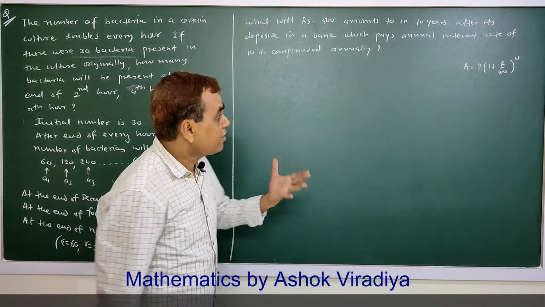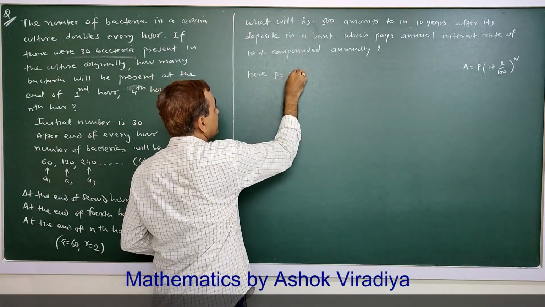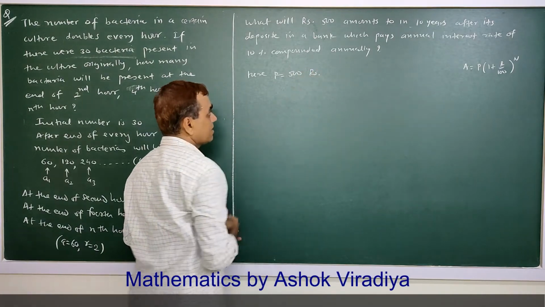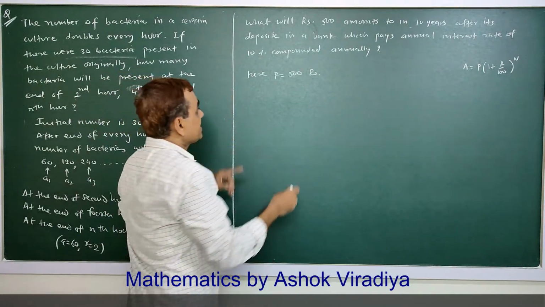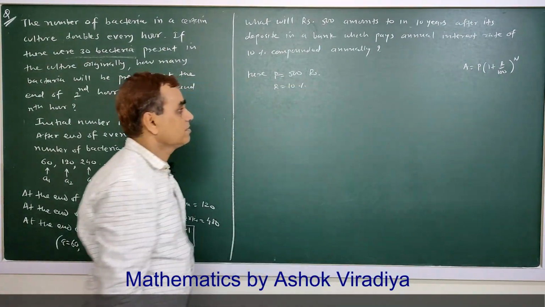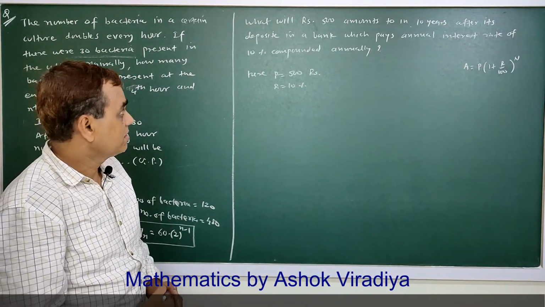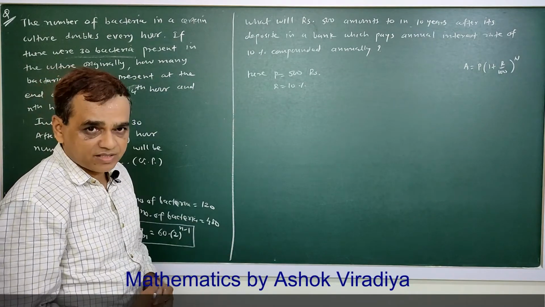So here, P is 500 rupees. This is P. R, the rate of interest, is 10%. And here we want after 10 years.